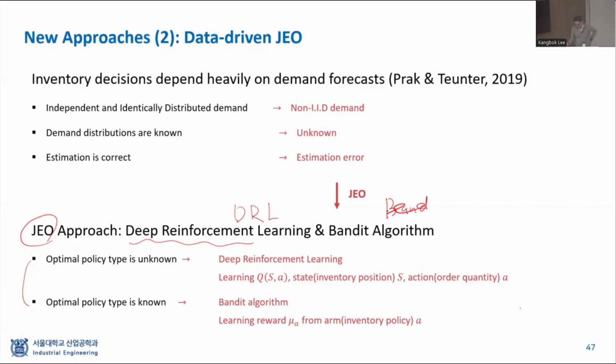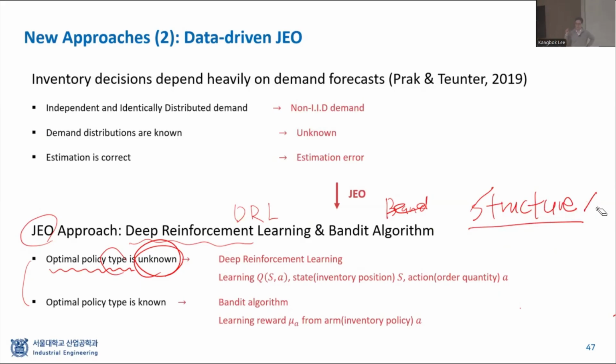For any problem where we know the optimal policy type, the remaining thing is knowing the parameter. Well, when the optimal policy type is unknown, we have no idea about the structure of our action, right? And the problem becomes more complicated. So we need to know the structure and the optimal parameter at the same time.